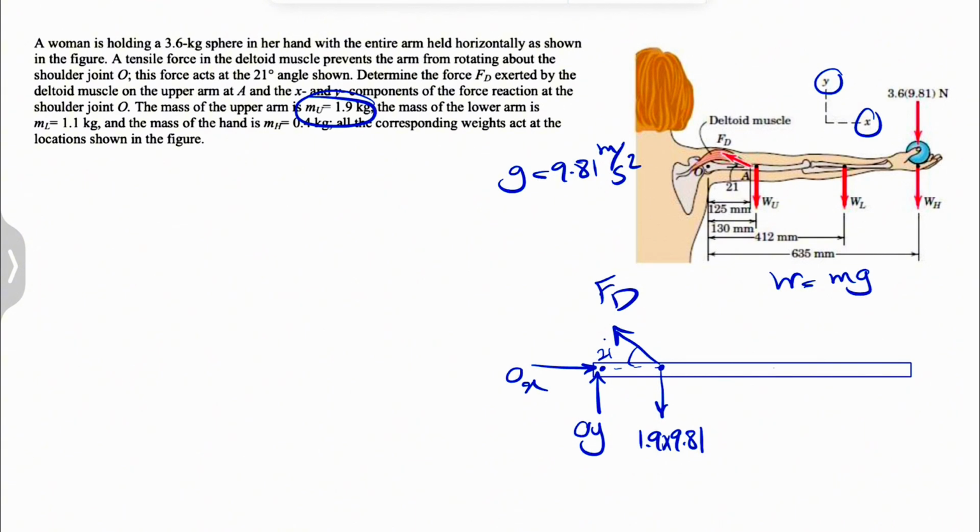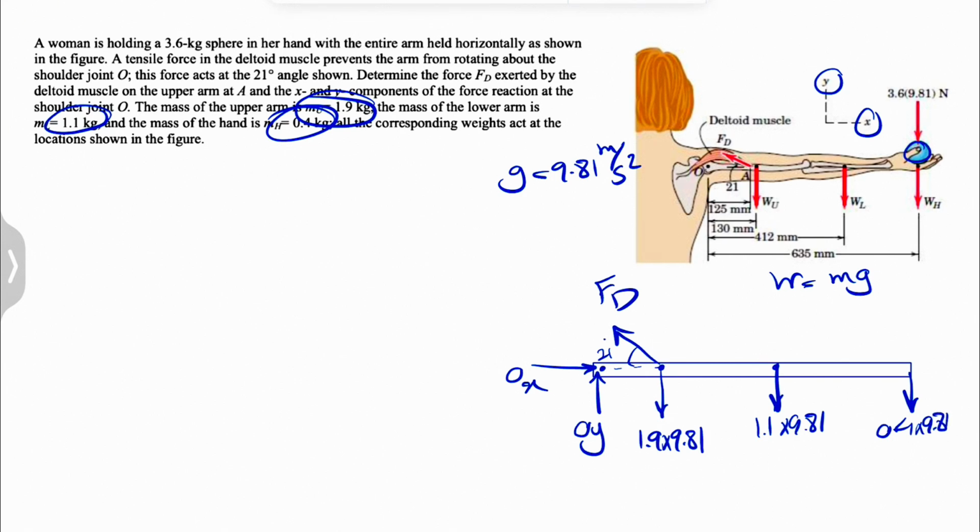We have the weight of the lower arm, whose mass is 1.1, so 1.1 times 9.81. Again, we care about the weight, not the mass. At the very end, we deal with the weight of the hand, which was 0.4 kilograms, so 0.4 times 9.81.